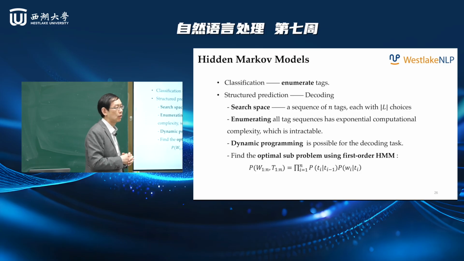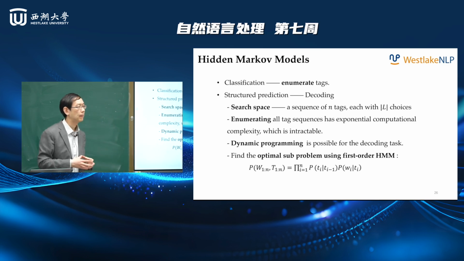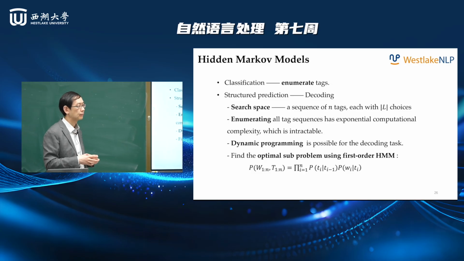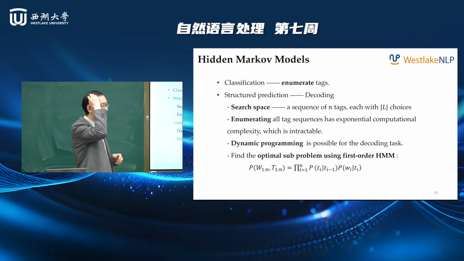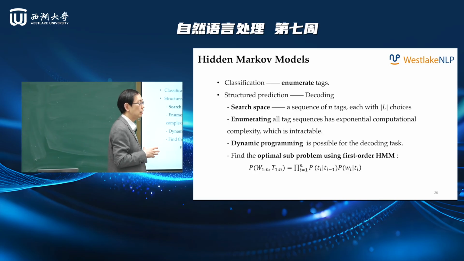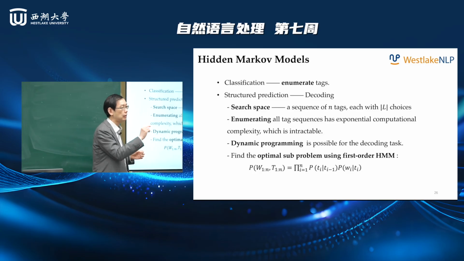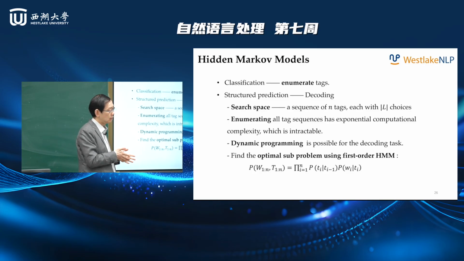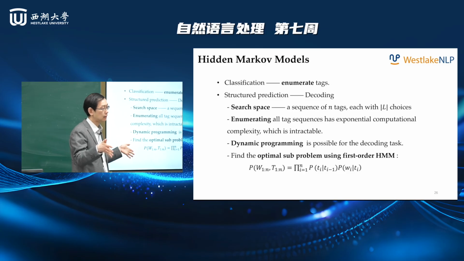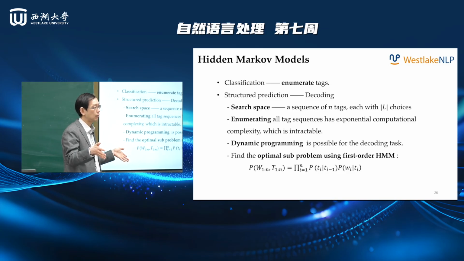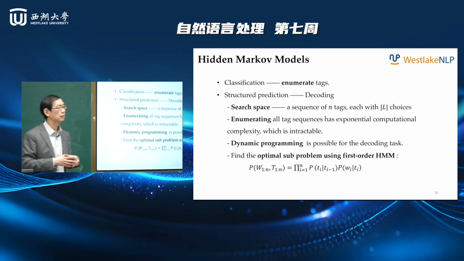Our goal is to find the highest scored tag sequence given a word sequence, and we want to find a dynamic program which can run in polynomial time, to find, among an exponential number of tag sequences, the one that has the highest probability.